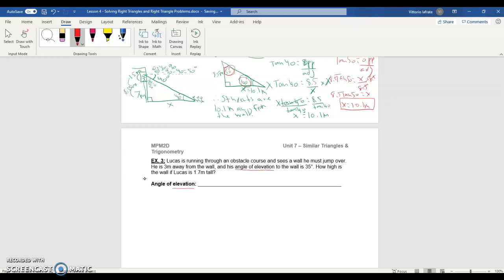So it's the angle between the horizon or the horizontal and the line of sight, sight as in looking, where you're looking, when looking up at an object.